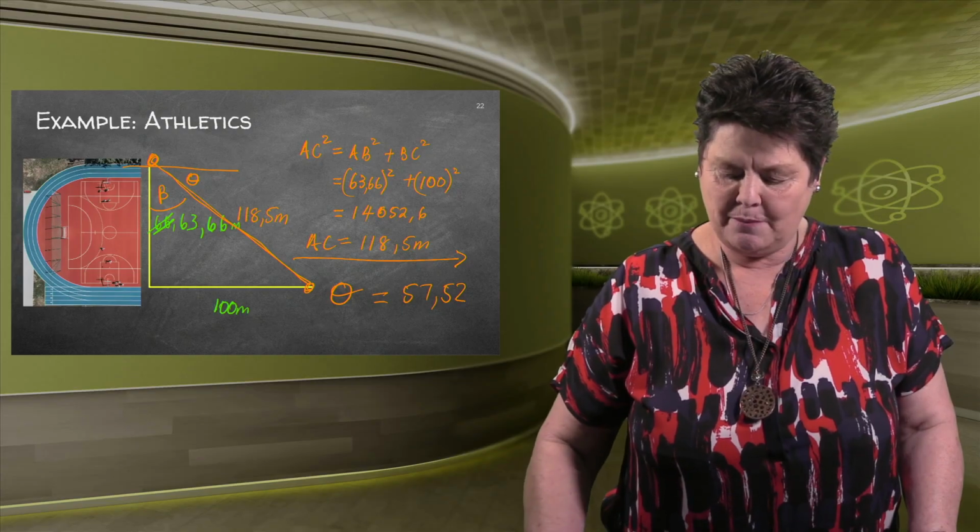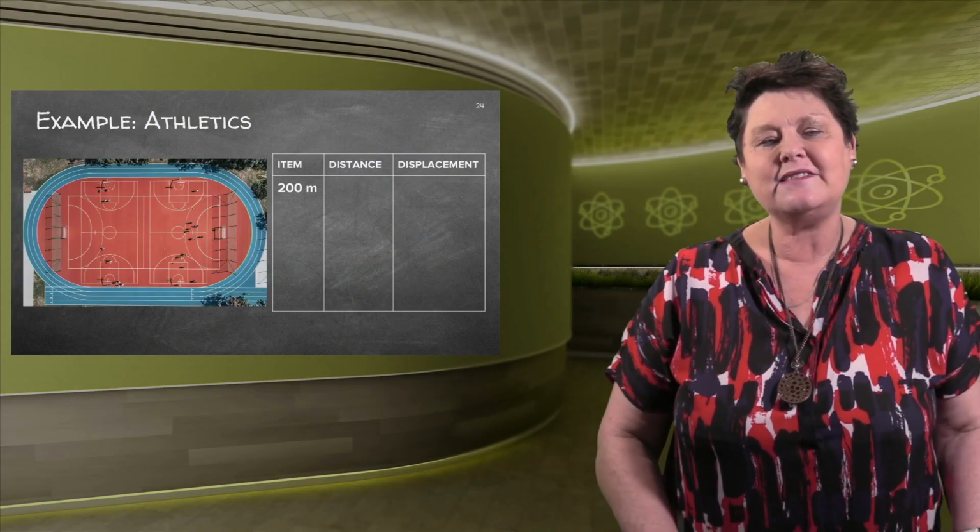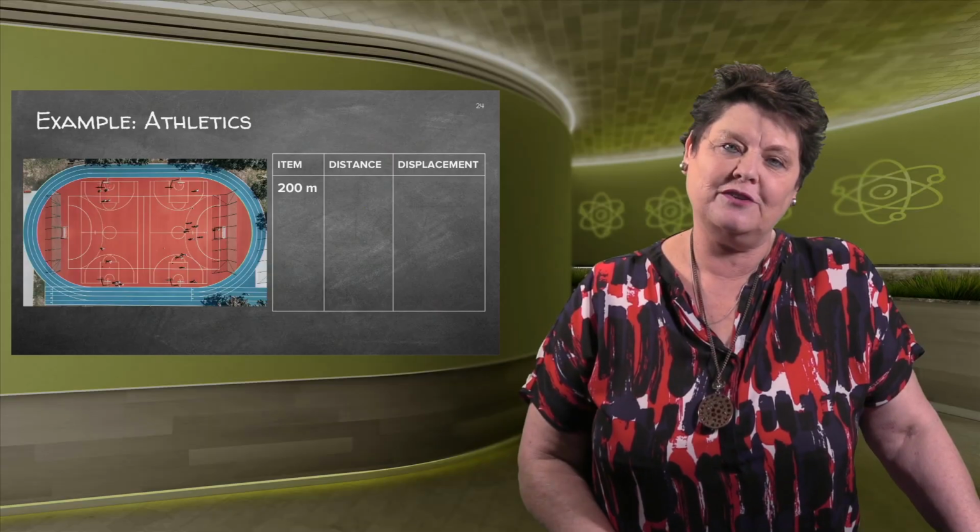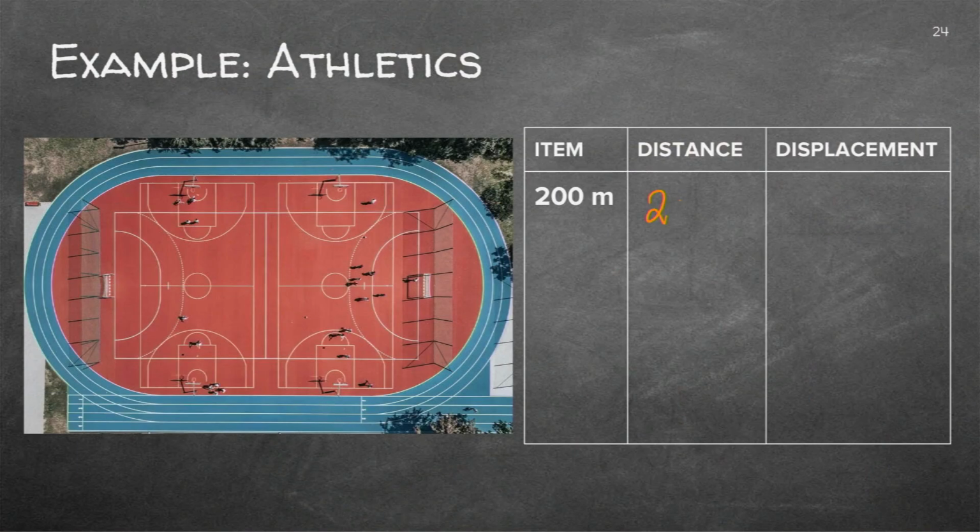So if we go back, what is the distance of a 200 meter? It's 200 meters. What's the displacement of a 200 meter? It's 118.54 meters with an angle, and you need to indicate which angle. I used the inside angle there.